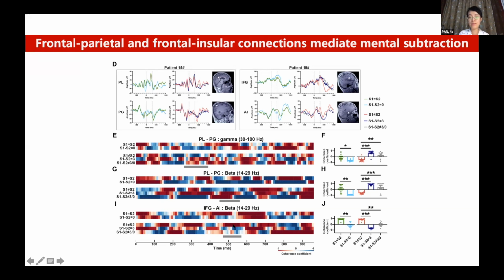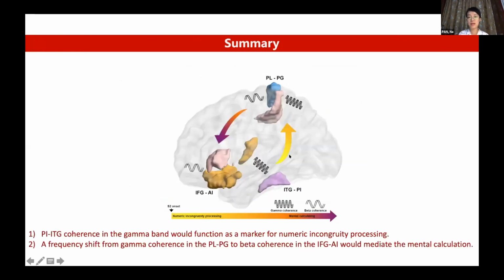To summarize, from our results we can say that the posterior insular and inferior temporal gyrus coherence in the gamma band would function as a marker of numerical incongruity processing. In the pericentral lobus and the postcentral gyrus, the gamma coherence shifts to beta coherence at the location, which may be responsible for the mental calculation.